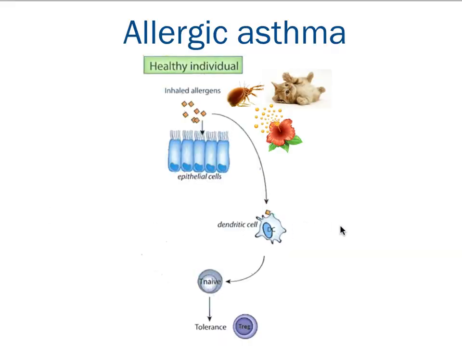So what is asthma? Asthma is a Th2 response to allergens that you normally would not respond to, but somehow the immune system of certain individuals with a certain genetic predisposition or early life exposures decides that the antigen inhaled from house dust mite or from pollen or from cat dander are toxic to your lungs in this case.